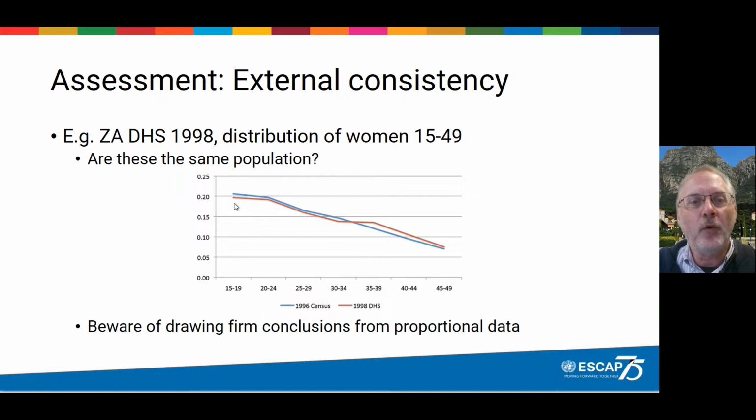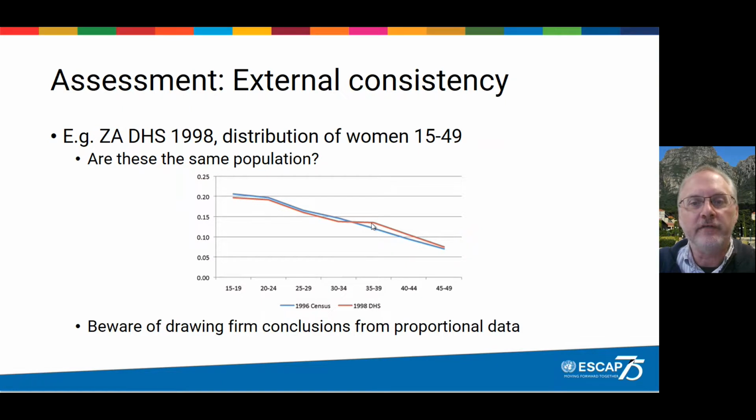And we can compare the proportional age distribution of women 15 to 49 from the two sources of data. The red line represents the 1998 Demographic and Health Survey, the blue line, the data from the 1996 census. And we can see that there are no glaring discrepancies between the two sources, and we can be fairly confident that these two data sources are largely coherent and consistent with each other.